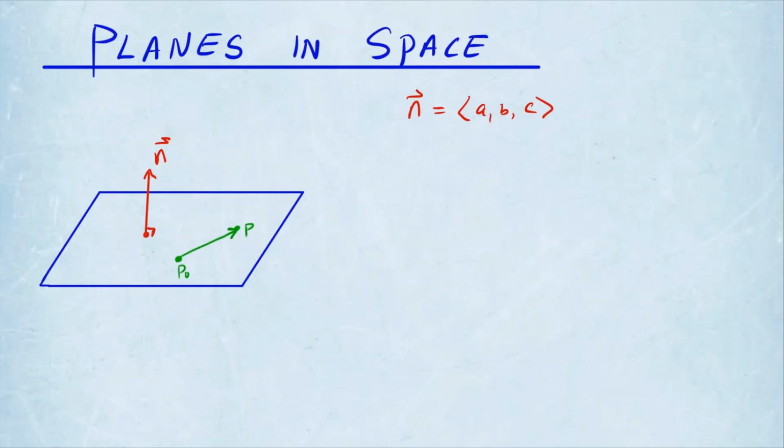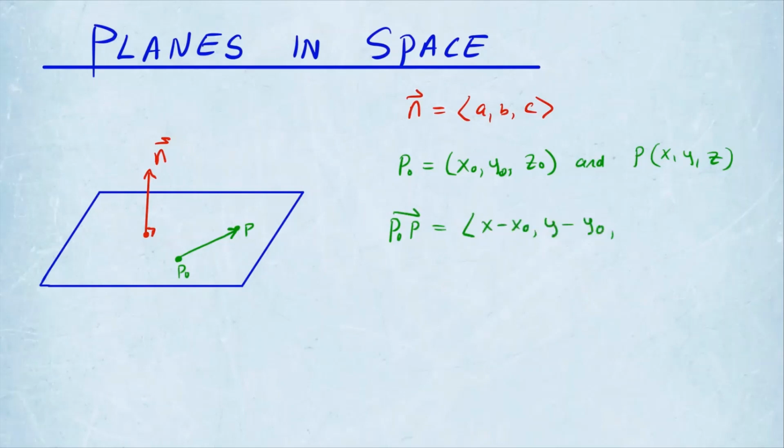If P0 has the coordinates x0, y0, z0, and P has the coordinates x, y, and z, the vector from P0 to P is x minus x0, y minus y0, and z minus z0.